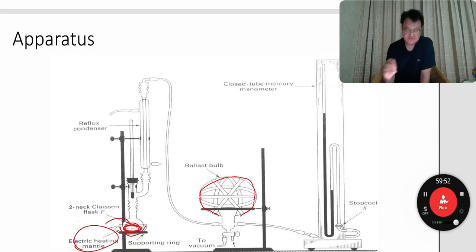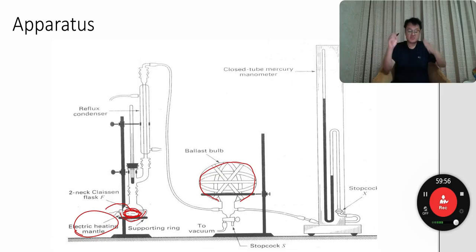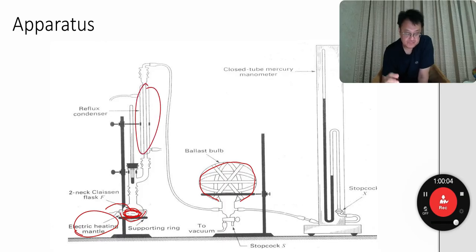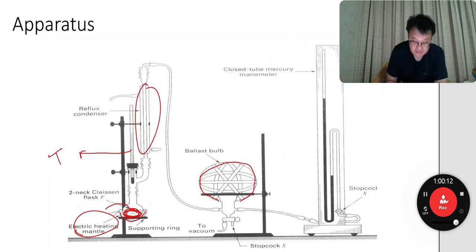Let me just roughly explain how you have to do the experiment. This is your reflux condenser, right? This is your thermometer. You read the temperature, right? You have your liquid, and you have your heating mantle, right?